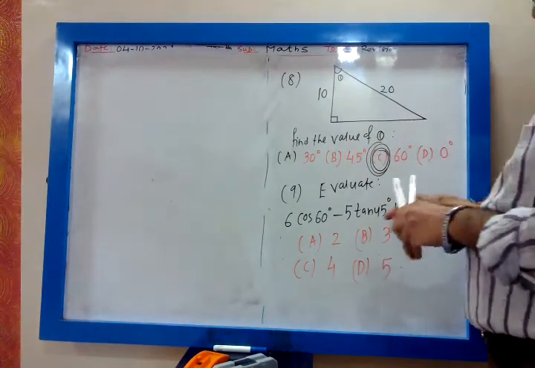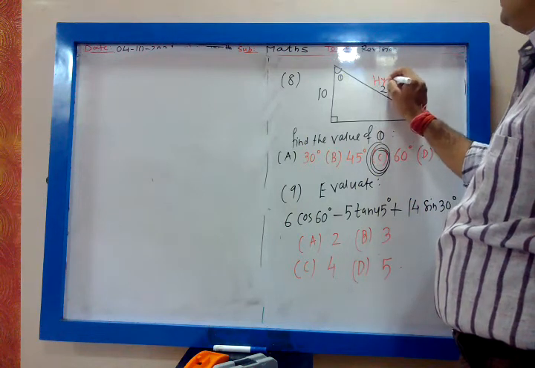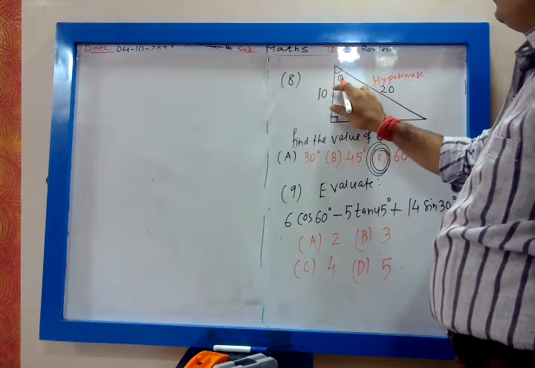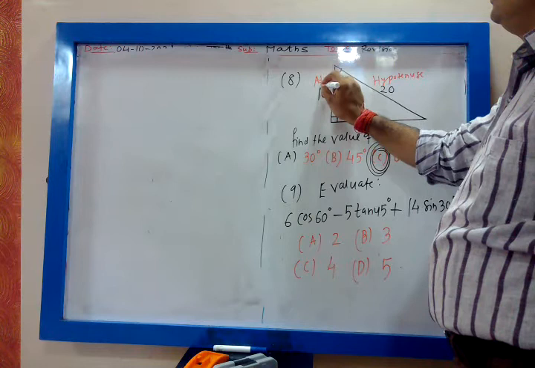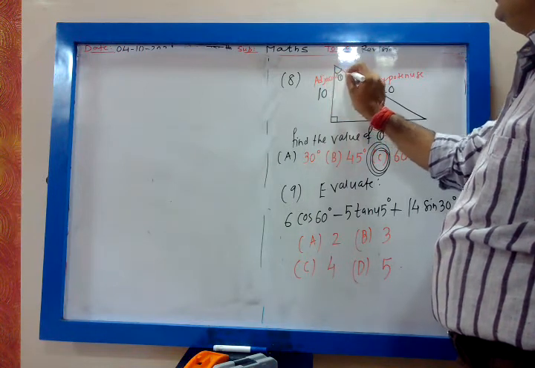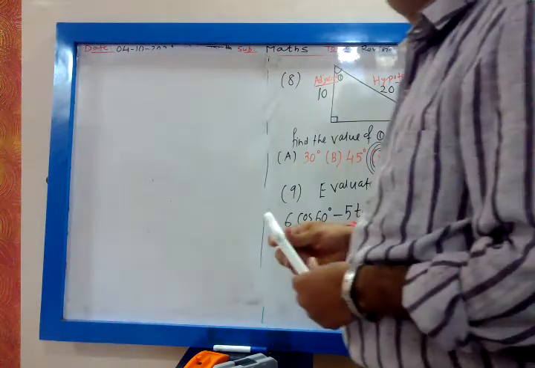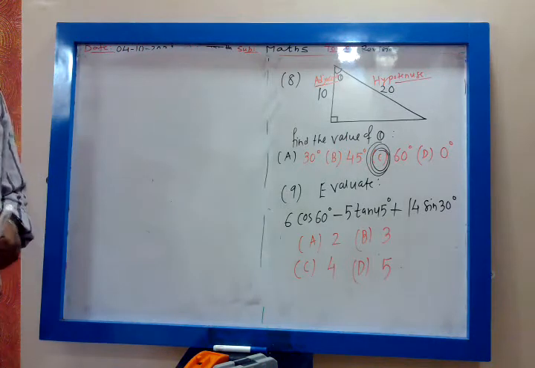How has it come here? This is a right angle triangle. This is my hypotenuse. My reference angle is theta. So this side is called the adjacent side. So the adjacent and hypotenuse are given. So in which ratio do we consider adjacent and hypotenuse?